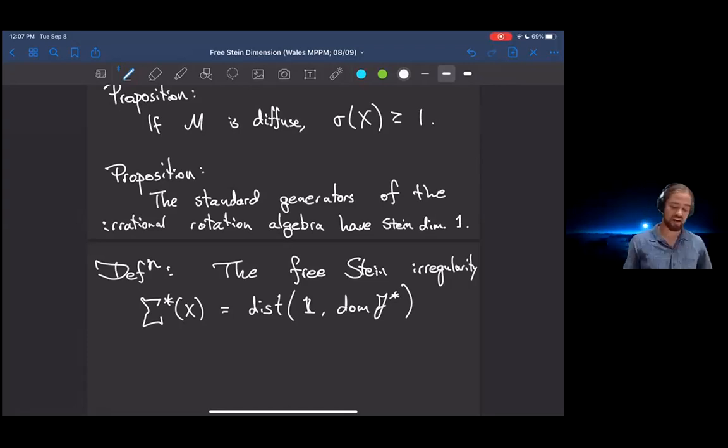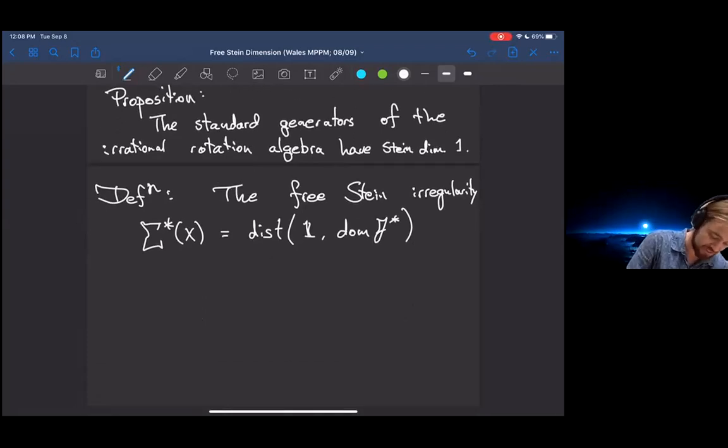As I said, when we came to this project, we actually started studying this quantity first, and later discovered that the Stein dimension was a more useful thing to look at in a lot of cases. But the two are related. I don't know, proposition.